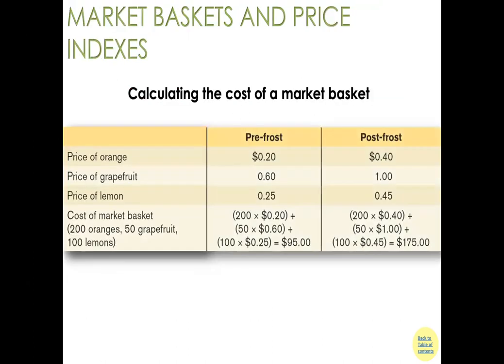Now let's use an example to explain how we compute the price index. We have a simple economy, and in this economy they only consume three goods: orange, grapefruits, and lemon. We want to understand the price change for the overall economy, so we are going to define a basket.